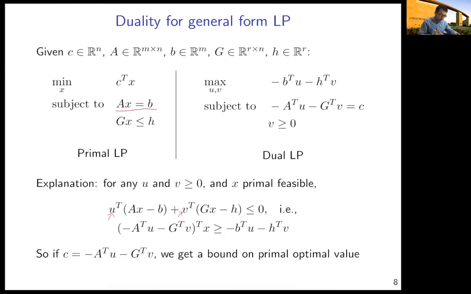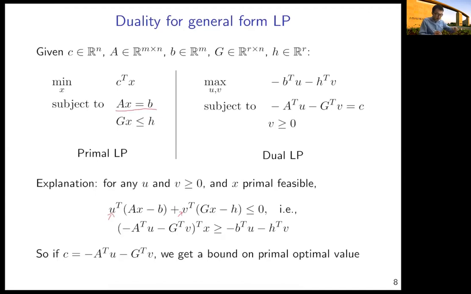Okay, and we know that provided that this V is non-negative, adding these two remains valid, remains negative, right? If you move both b and h to the other side of the equation to make it a standard form.